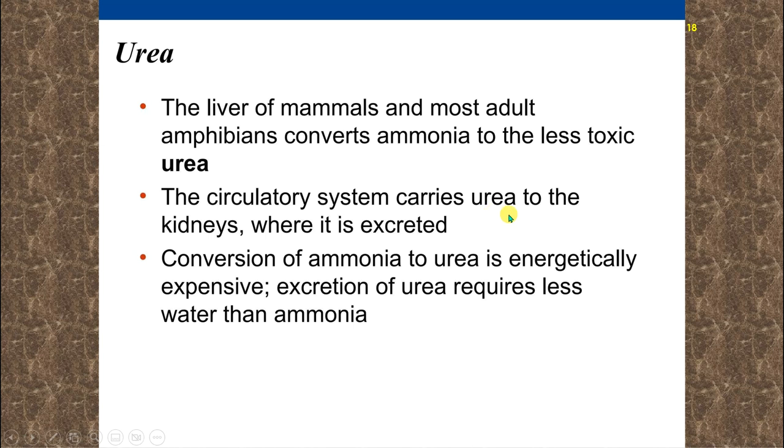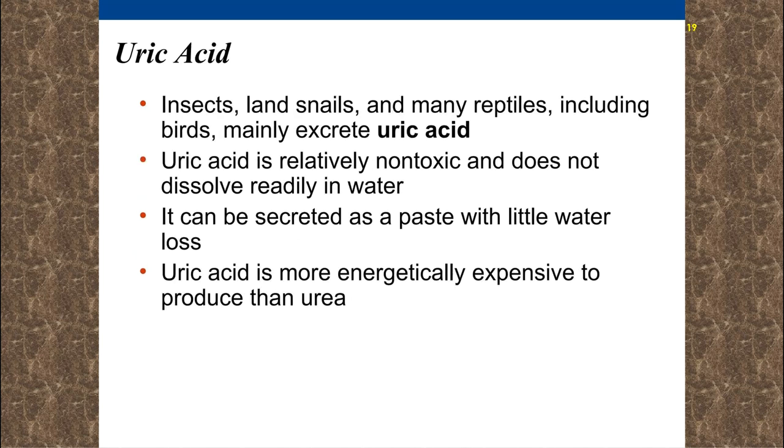The circulatory system carries urea to the kidneys where it is excreted, and conversion of ammonia to urea is energetically expensive. Excretion of urea requires less water than that of the ammonia because urea is one of the most water soluble substances and requires very little energy for its excretion.